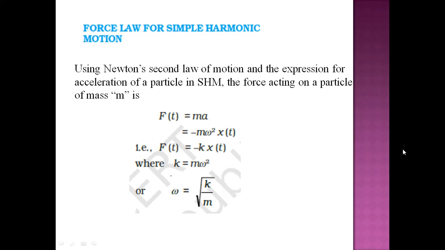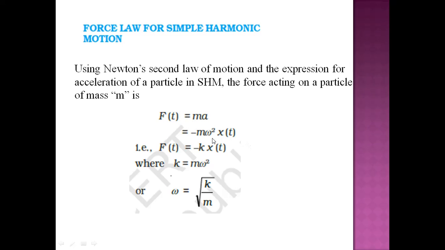Next, we have the force law for simple harmonic motion. Using Newton's second law of motion and the expression for acceleration of a particle in simple harmonic motion, the force acting on a particle of mass m, F equal to ma, is written as force as a function of time equal to mass into acceleration.